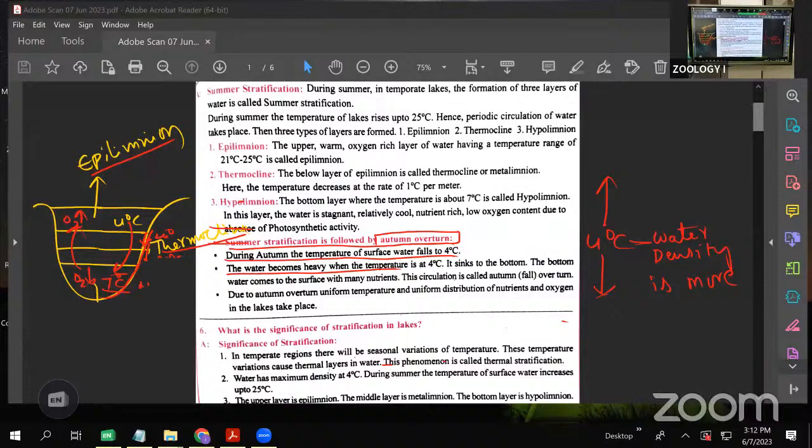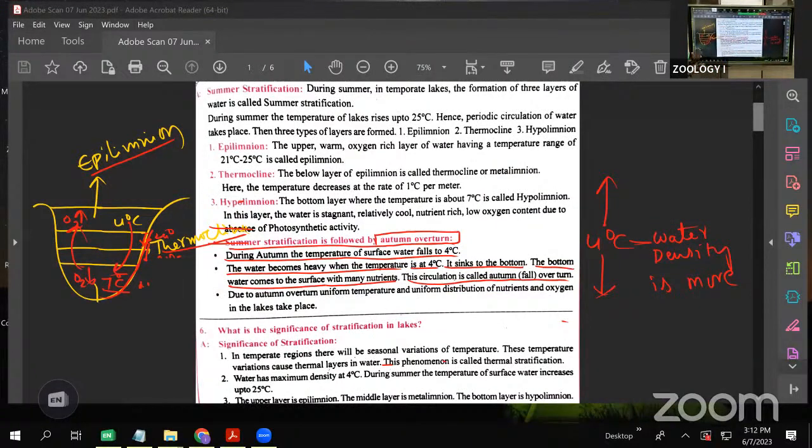Here, see this. The water becomes heavy when the temperature is 4 degrees centigrade. It sinks to the bottom. Bottom water comes to the surface with many nutrients. The bottom water goes up and the upper water comes down. This circulation is called the autumn overturn, also called the fall overturn.